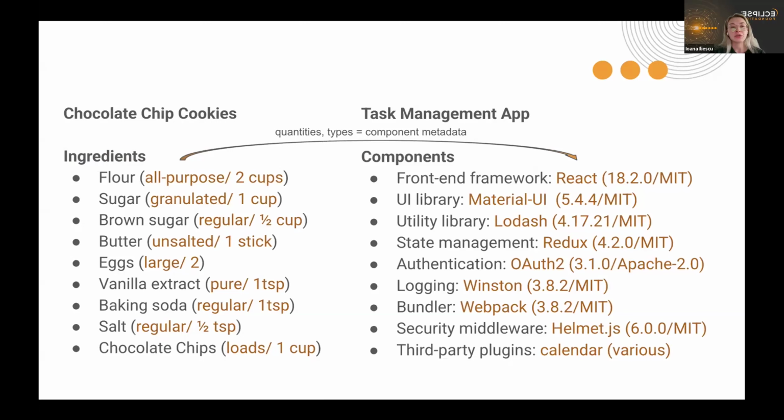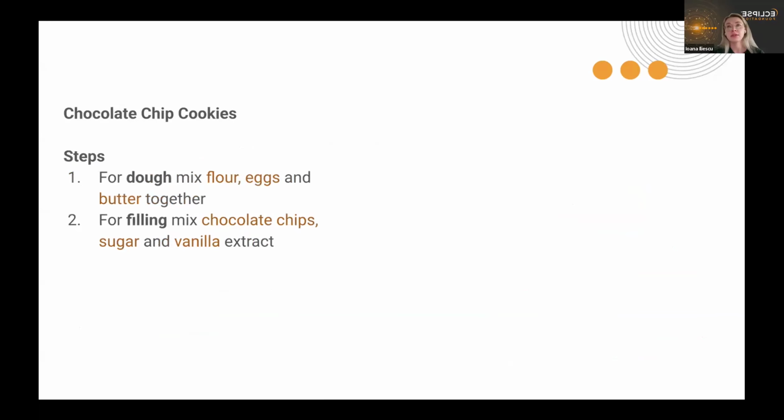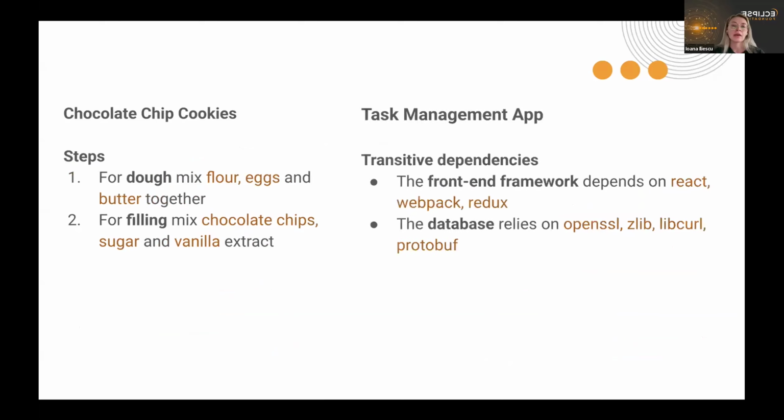And then to be able to finish our cookies, what else do we need? We will probably need some steps on how to mix these ingredients together into intermediary products that in the end make up the cookies, such as a dough and a filling. It's the same with our app.